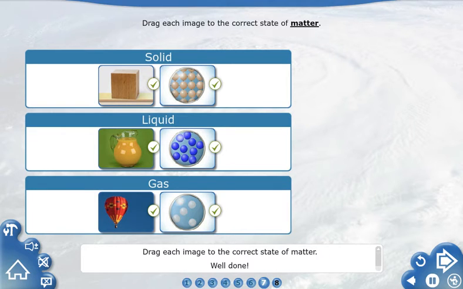Well done! A solid has a definite shape and volume. A liquid can change shape but keeps the same volume. A gas changes both its shape and its volume depending on the container it's in.